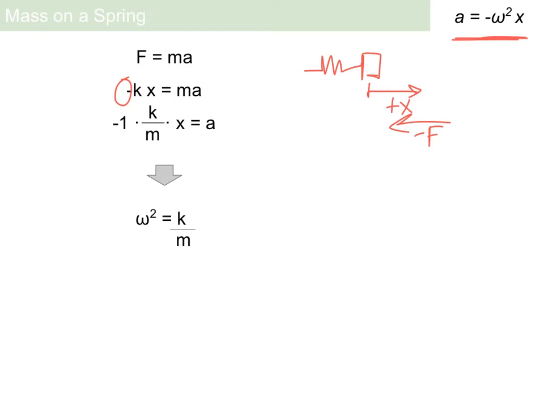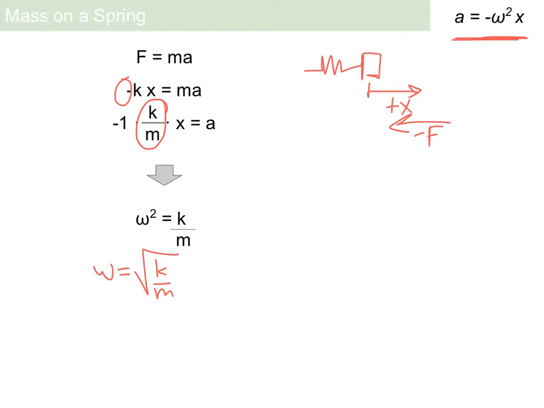And then if I just solve for a, I see that this constant here relates the x position and the acceleration of this object. And so based on what we just talked about, that constant must equal omega squared, or omega would equal the square root of little k over m.